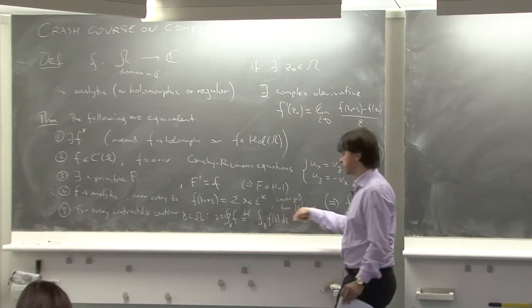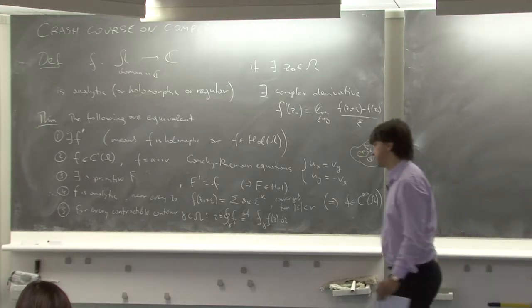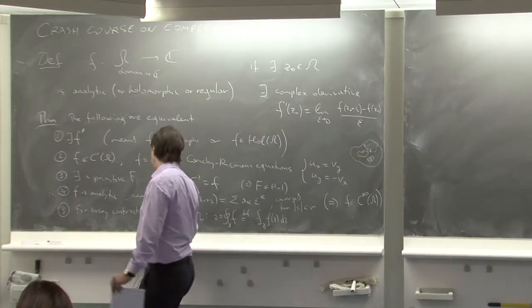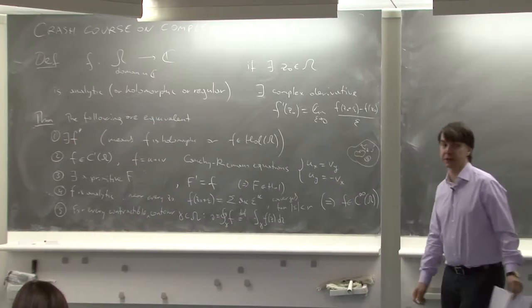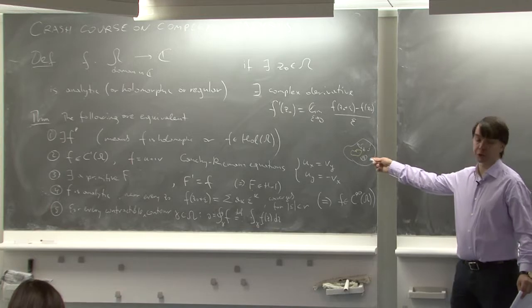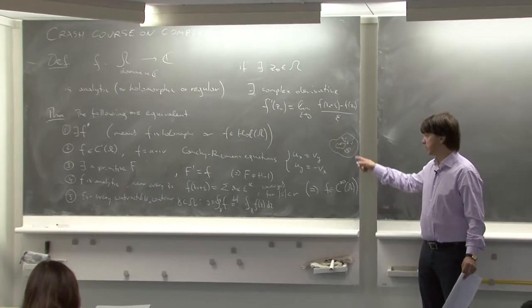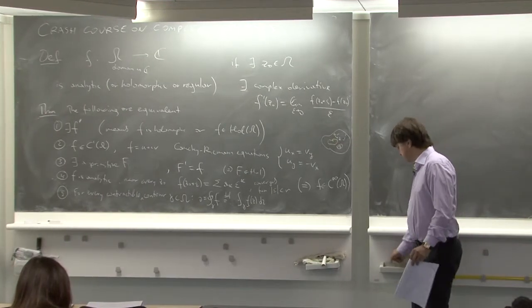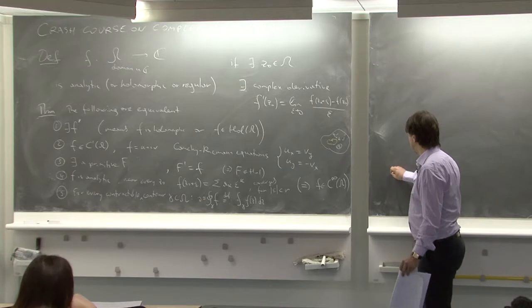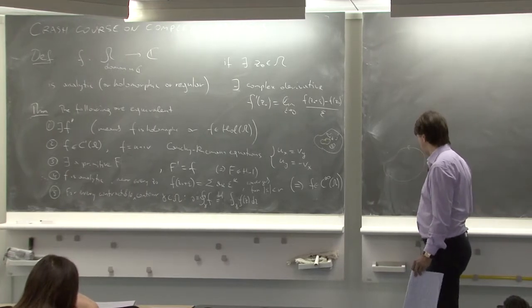You understand this as a Riemann integral, since our function is continuous. For every contractible contour, there is a question of which contours we want. It will be true for any contour of finite length, any rectifiable one, but it's enough to check it for all circles, or all squares, it doesn't matter. The reason is that, for example, this contour you can write as the sum of square contours in this way.